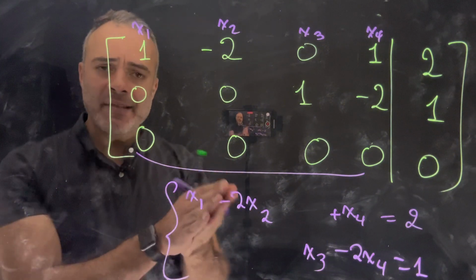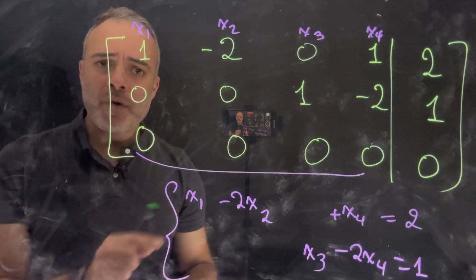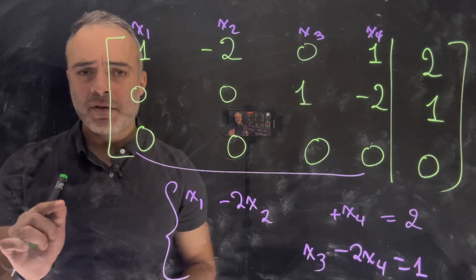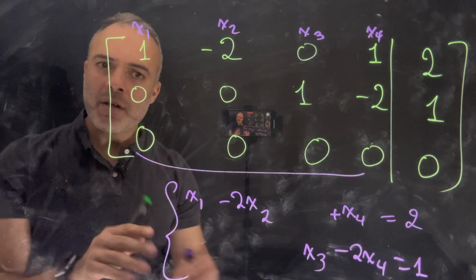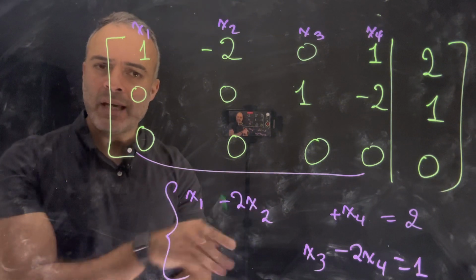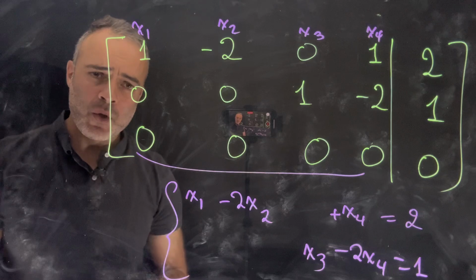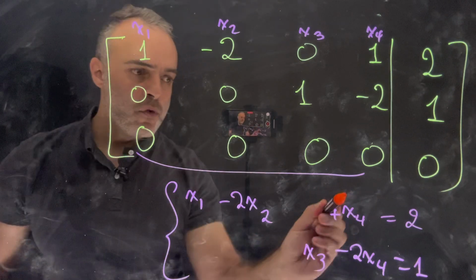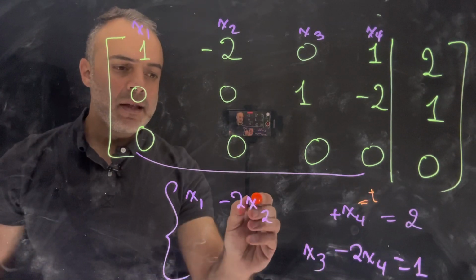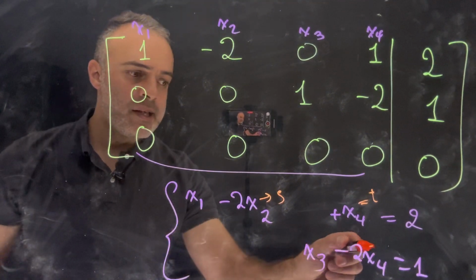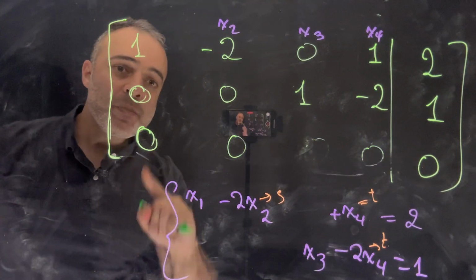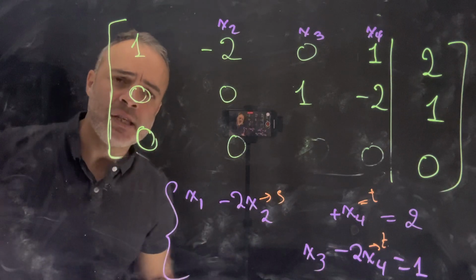But if I say x2 is equal to s, of course, this s will be different from the s if I use it for x1. So let x4 equal to t, and let me give x2 the value s, which means that I have used two parameters here.